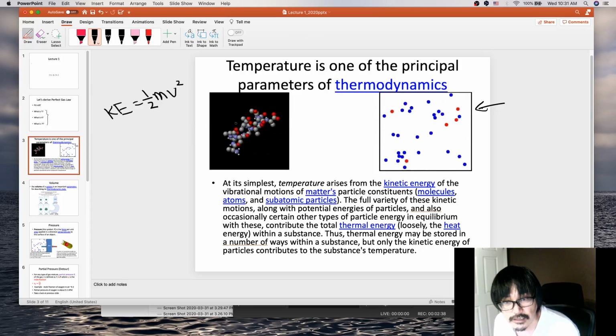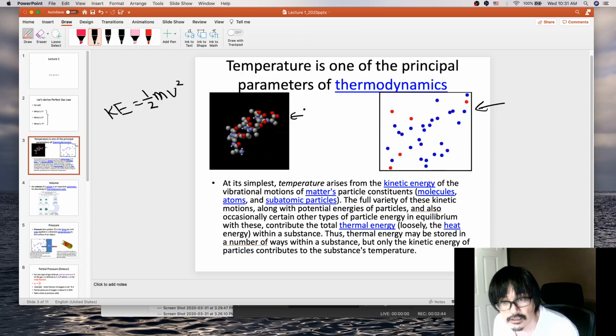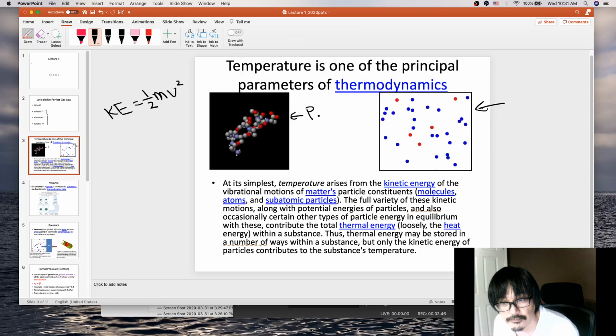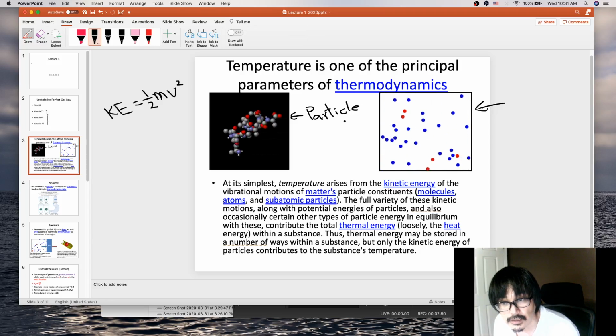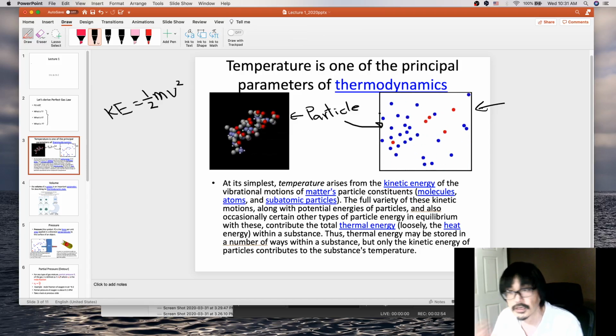Each of these particles is like the molecule shown here, and you can think of the molecule as a particle, and then that's one of these dots that's moving around here.